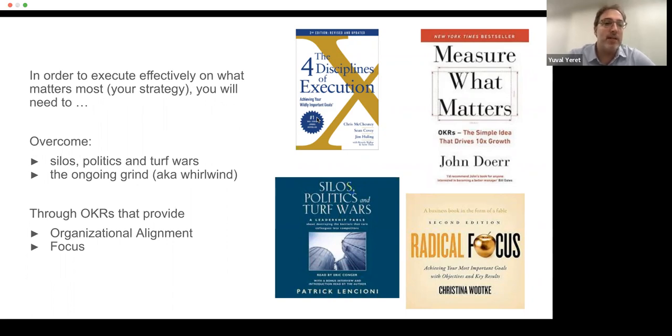And what you want is to be able to execute effectively across the organization on what matters most, what's strategic for you right now. And in order to do that, you will need to overcome these silos, politics, turf wars, the ongoing grind. And the way we do that is through objectives and key results that provide us with focus and organizational alignment.